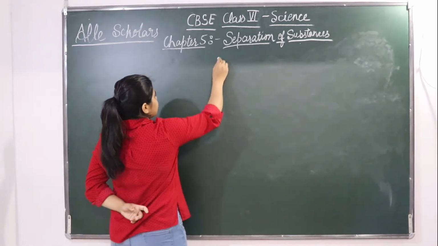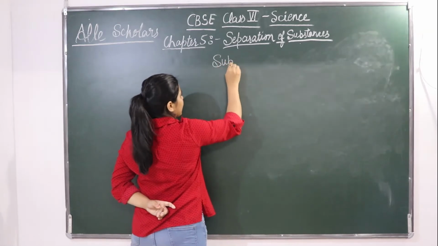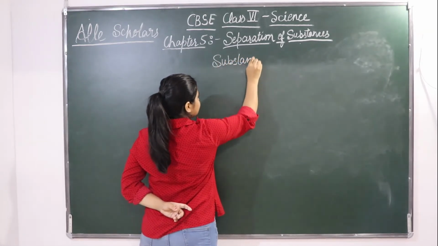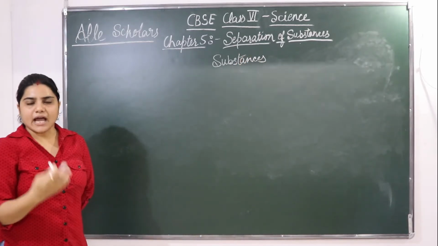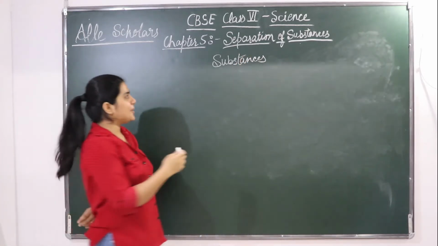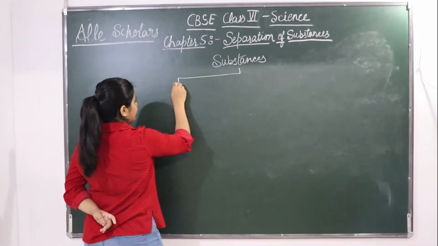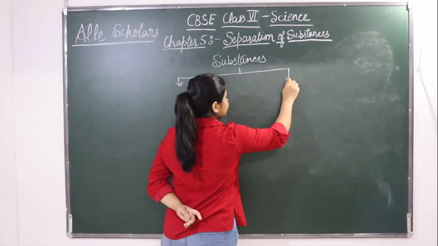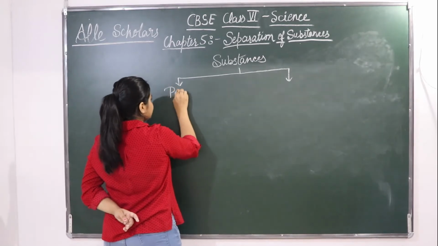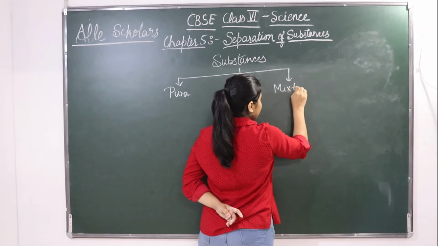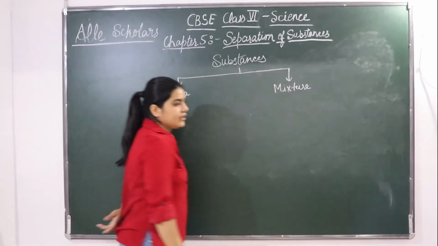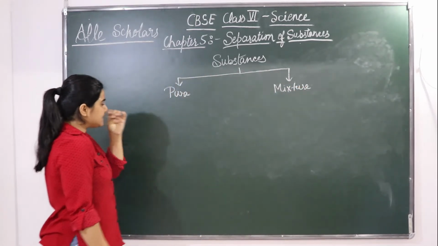So substances are of two types. Substances can be pure or they can be a mixture. So what is a pure substance?